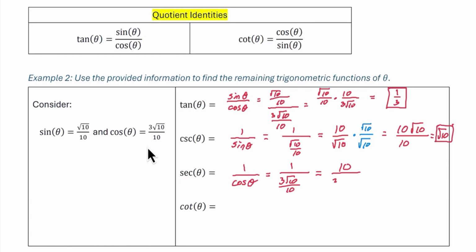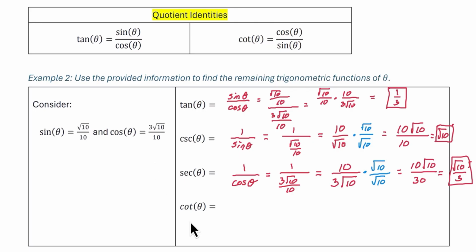We have 10 divided by 3 root 10. And again, we need to rationalize that denominator. We'll multiply by the square root of 10 divided by the square root of 10. This will give us 10 square root 10 divided by 3 times square root of 100 is really 3 times 10 or 30. And then that will reduce to the square root of 10 divided by 3.